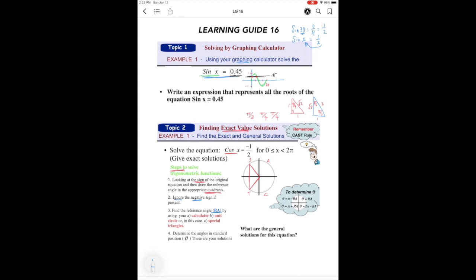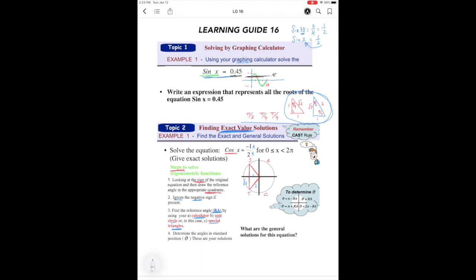Now we want to find the reference angle. There are 3 ways to solve it: using the calculator, the unit circle, or the special triangles. Like I said up here, when we're finding exact values, I know it's going to be these special triangles. So let's label. We have an H and an A, so we have a 2 and a 1, and we can put root 3 there because we know that from our special triangle.